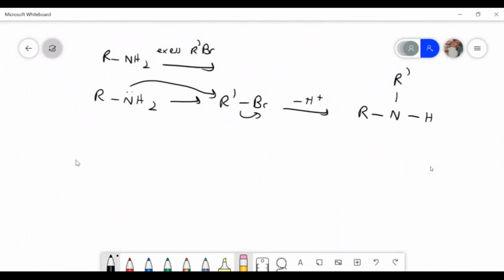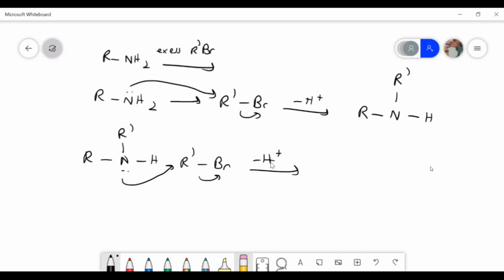So that's the first thing, right? Then the nitrogen still has a lone pair available for donation. So all it's going to do is go and do the same thing again. It's going to attack an R prime Br again, and then keep on doing this, and that happens because your R prime Br is in excess. So your amine won't stop reacting because there's more of the R prime Br than the amine, so they just keep on reacting until they can't.